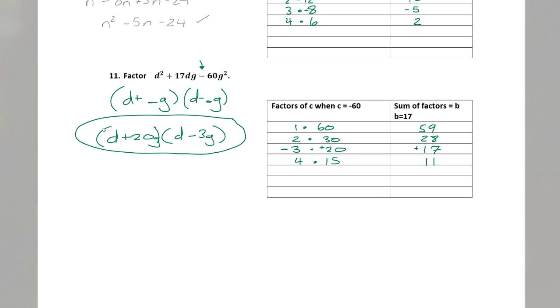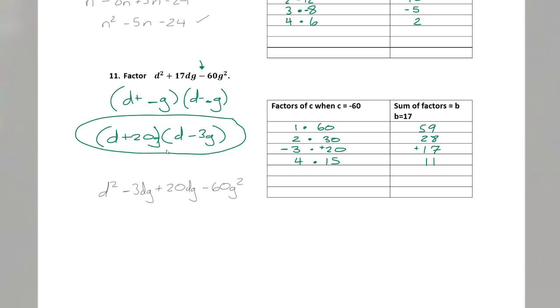And check by multiplying d times d, d squared, d times negative 3g, negative 3dg, (20g times d), 20dg, and 20 times -3, -60g squared.